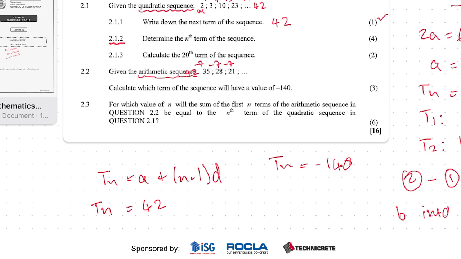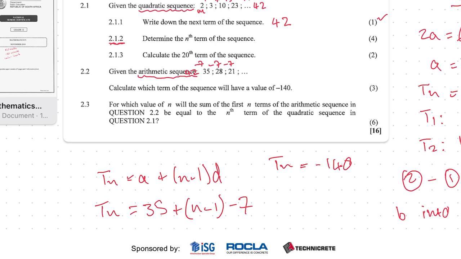Why am I complicating it? The first term is just 35 plus (n minus 1), and the difference is -7.